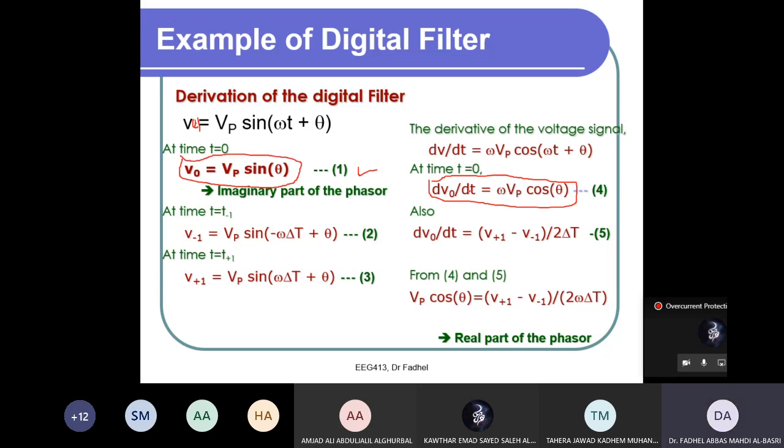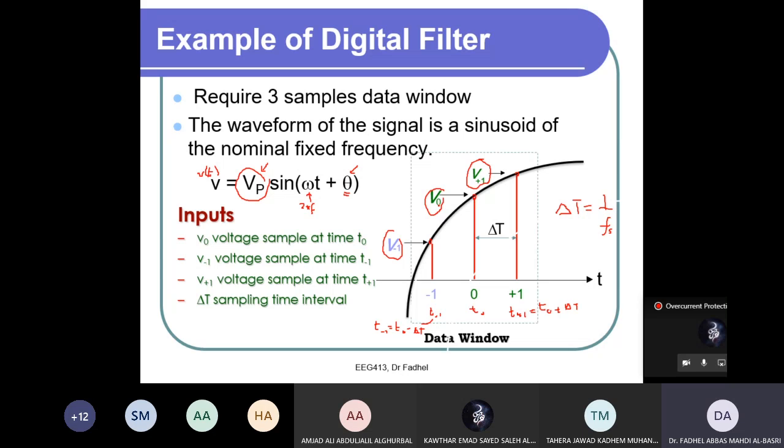Now, dV by dt is the slope at time t0. So how do you find the slope digitally from 3 samples? I can estimate the slope at t0 by a tangent line. I have 3 values. To estimate this, I can take the slope of this triangle, right? By using an approximation, I want to estimate the slope here, dV naught by dt, using this triangle.